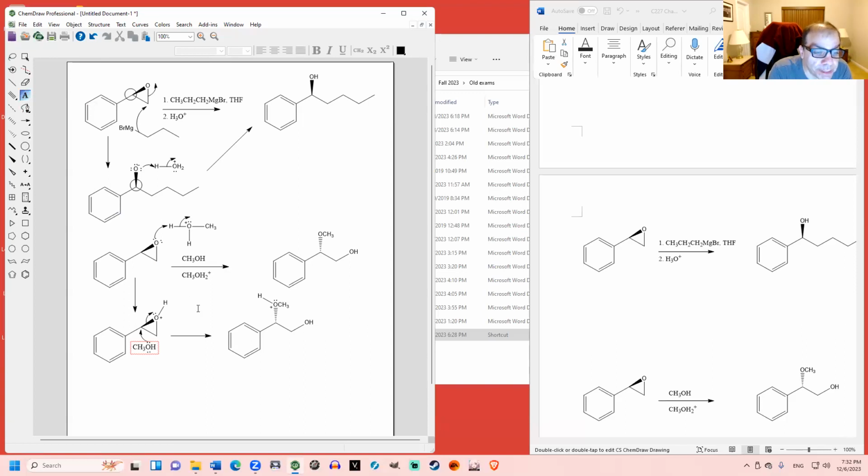So the question then becomes, what do we use to pull the proton off? And the answer is we need to look at what we're given. We're given methanol and the conjugate acid of methanol. Of those two species, methanol is more alkaline. You need to use what you're given in order to decide when you're about to use something as a base or an acid.